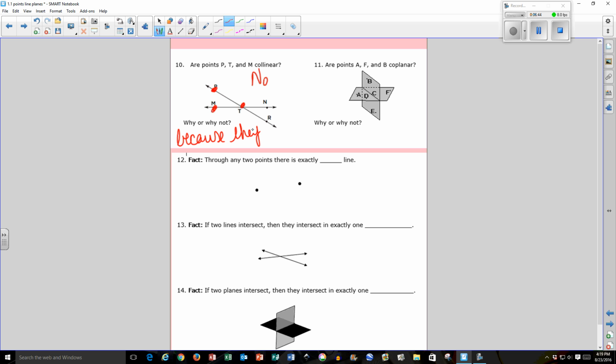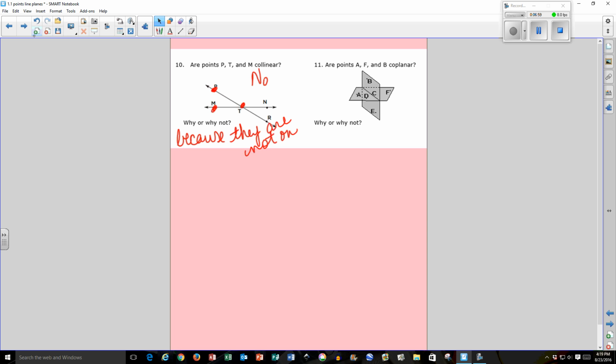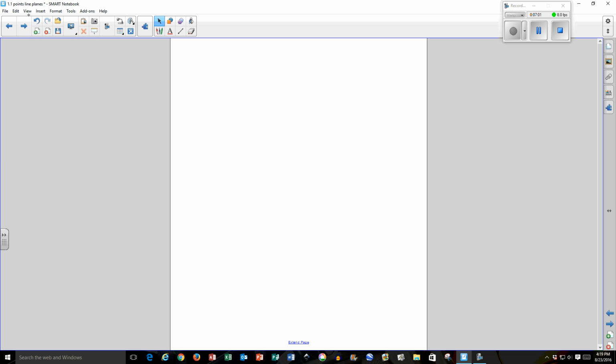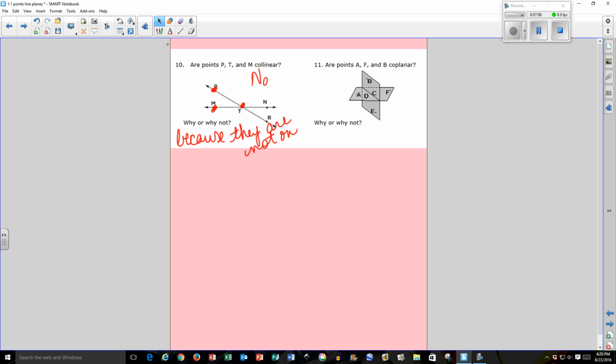Let me select this and move it because it's not giving me enough space. There. So they're not on the same line.